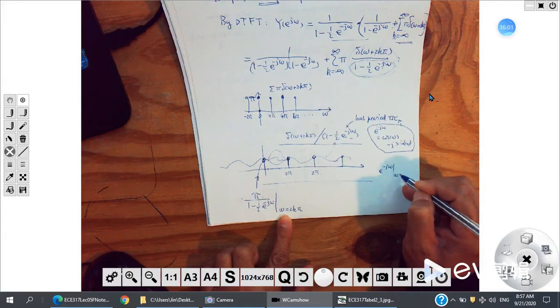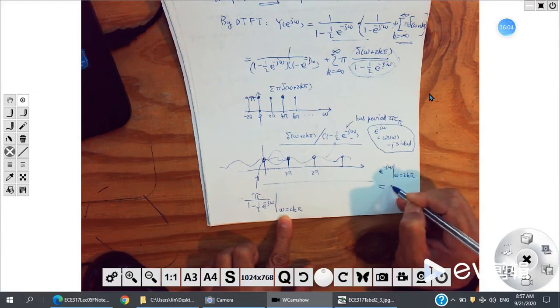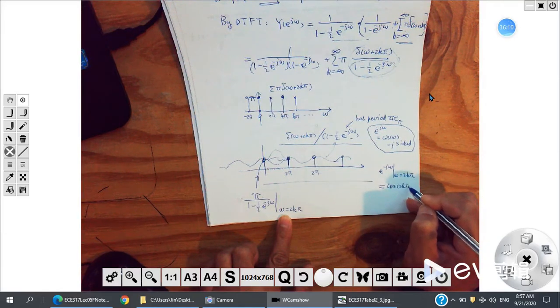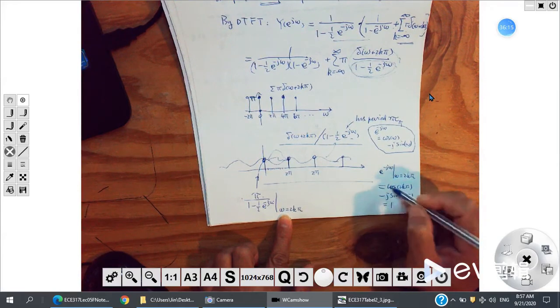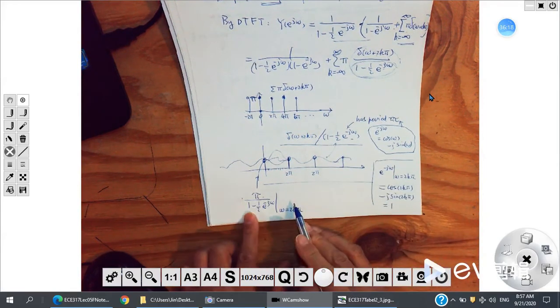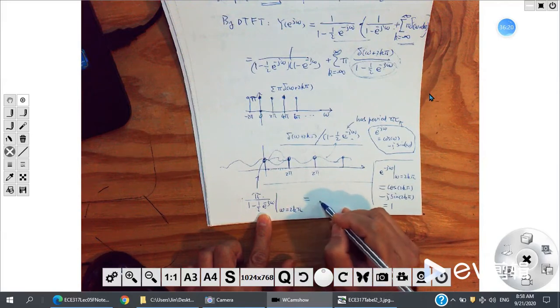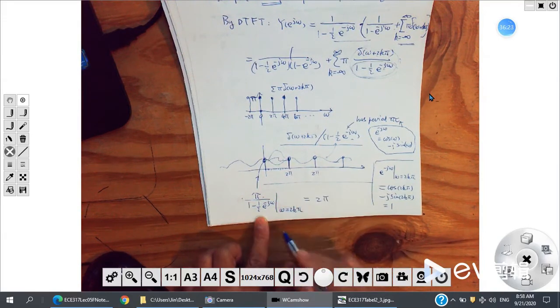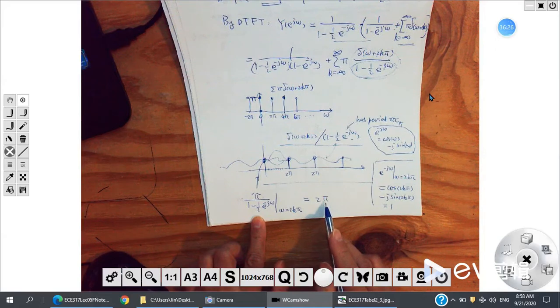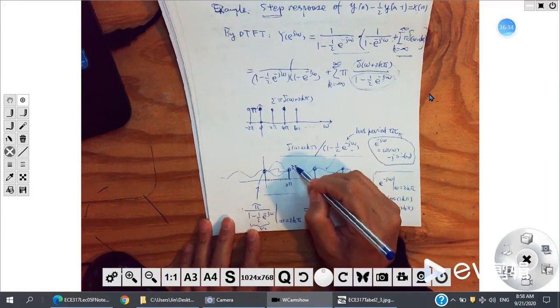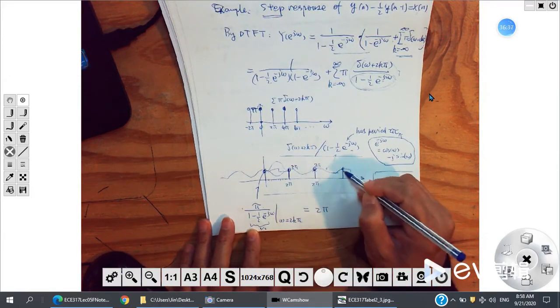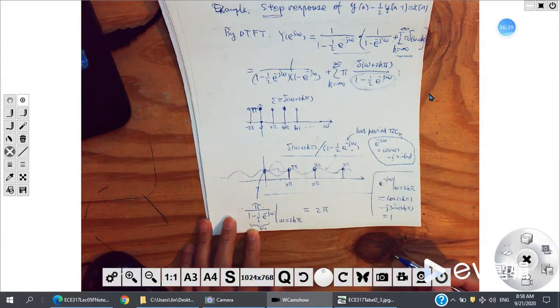It equals cosine 2k pi minus j sine 2k pi. So it is 1. So 1 minus a half, this gives us pi over 1/2, which is 2 pi, right? So you know the impulses now are 2 pi impulses. Got it?